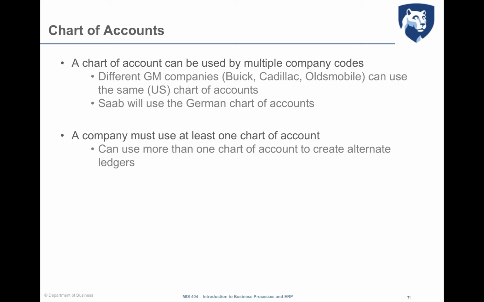So a chart of accounts can be used exclusively or shared by multiple company codes. But the rule is that every company within an enterprise must use at least one chart of accounts. It can use more than one, but at least one.